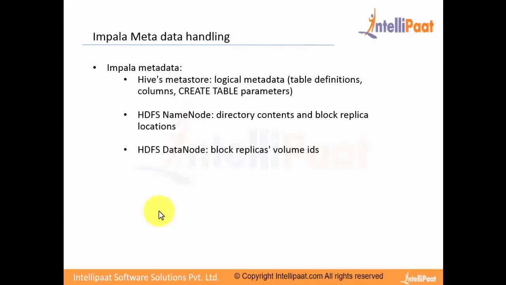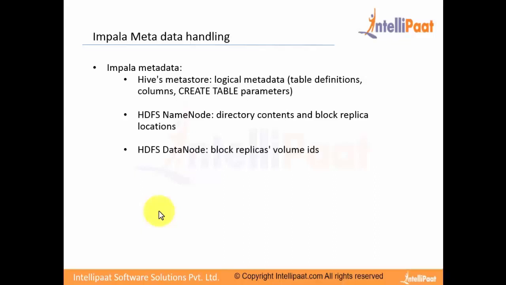And for Impala, it's not only the table definitions, but also the HDFS name node's directory contents and the block replica locations. This helps Impala to have this information cached. Apart from the Hive metastore, it also caches the directory content, the block replica locations, and the block replicas' volume IDs, so that whenever required, instead of going back and looking at the name node, it can directly jump onto these nodes and start the processing there.